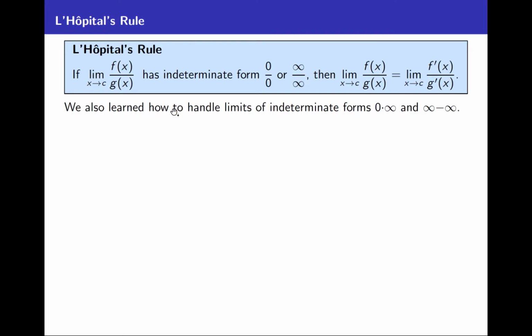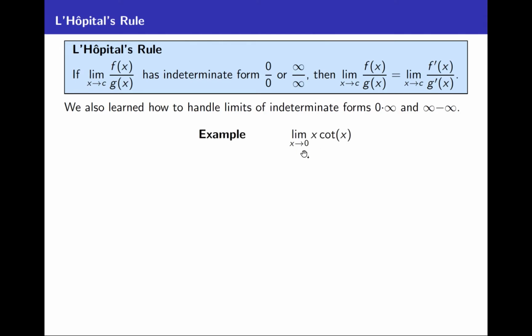And we also learned how to apply L'Hopital's rule to the indeterminate forms 0 times infinity and infinity minus infinity. As a quick warm-up example, I want to do a limit of form 0 times infinity because that technique is going to be key in what we do today.